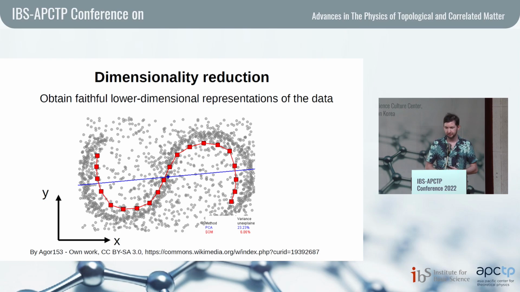Another important class of unsupervised learning algorithms are dimensional reduction techniques. Here the aim is to obtain a faithful lower dimensional representation of your data. Here is one example where you have a cloud of points. This could be measurements in a two-dimensional space, which have the distribution you see here. You'll see the points are not uniformly distributed in this space.